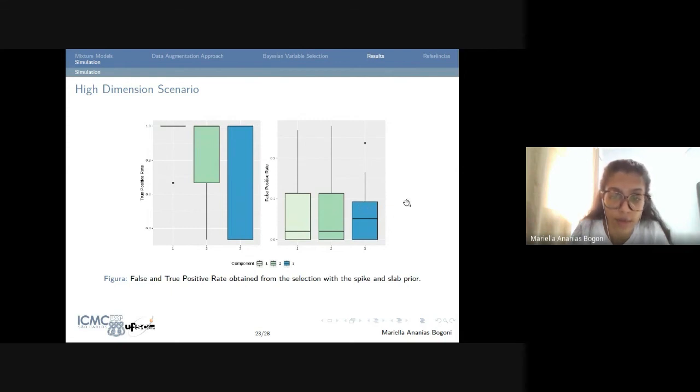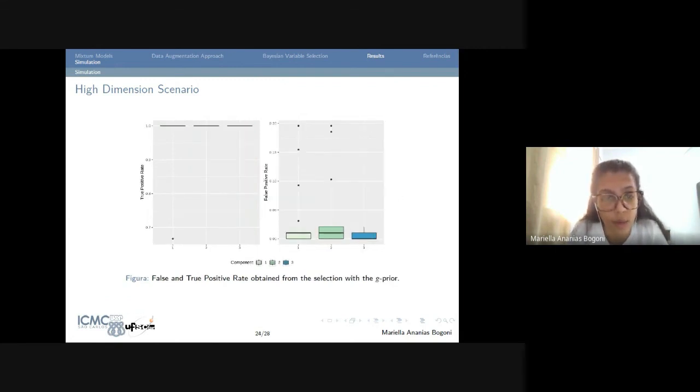which means that in some replications, we had a percentage of incorrectly selected covariates. So when we compare this box plot with the box plot of TPR and FPR obtained with the G prior, we see that the G prior really presented a better performance relative to the spike and slab prior.